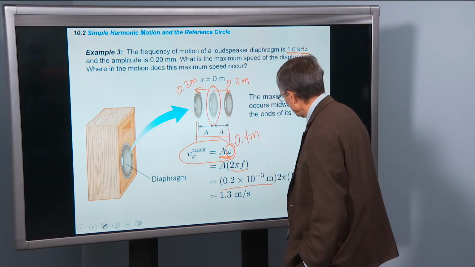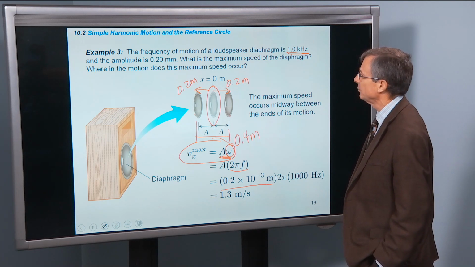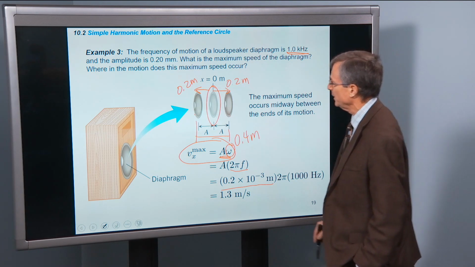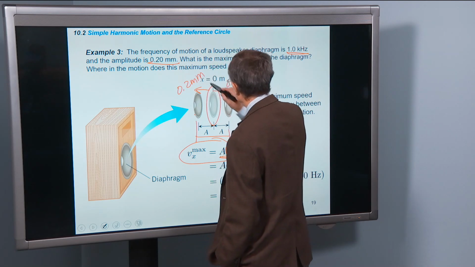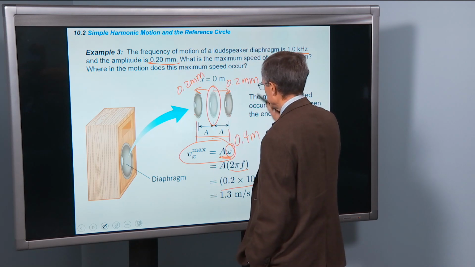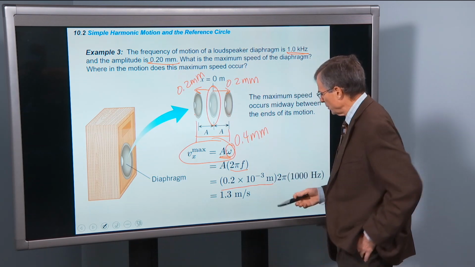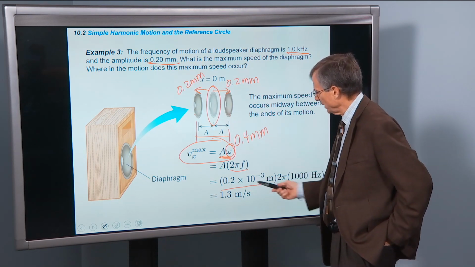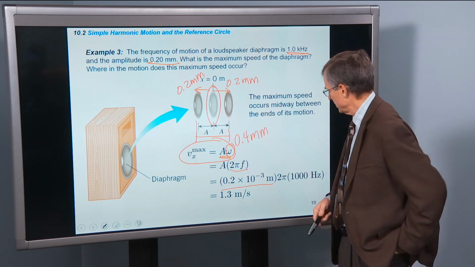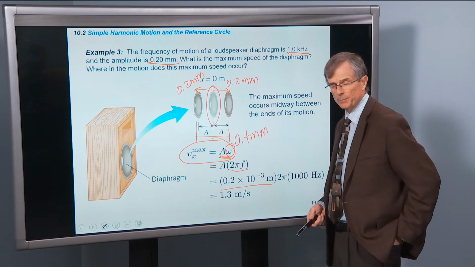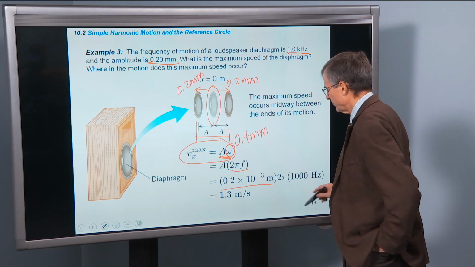So here's my amplitude, 0.2 millimeters, so sorry. So this is actually 0.2 millimeters, and this is 0.2 millimeters, and this is 0.4 millimeters. So we've got to convert that 0.2 millimeters into meters, and to do that we just divide by 1,000. It's the same as multiplying by 10 to the minus 3 times 2 pi times the frequency.